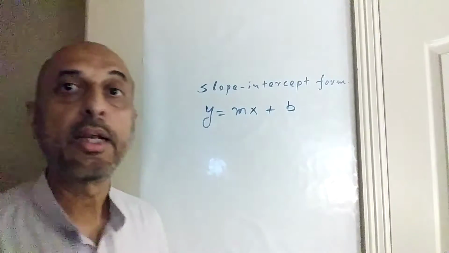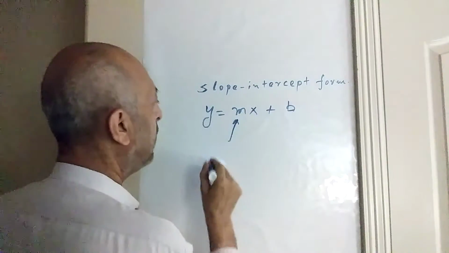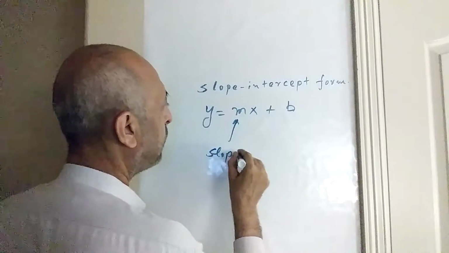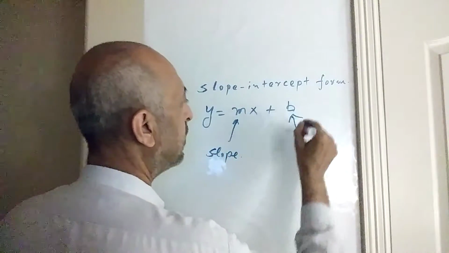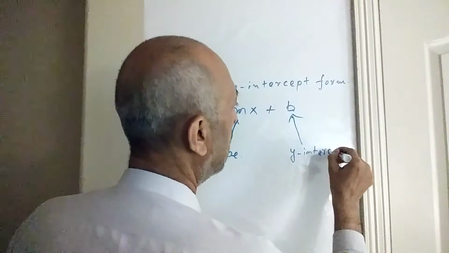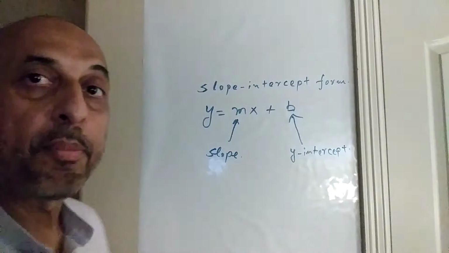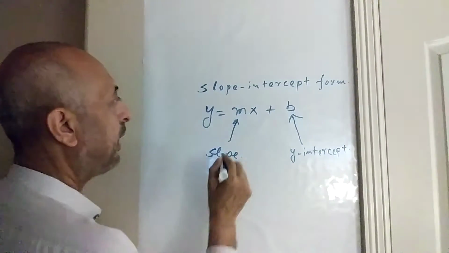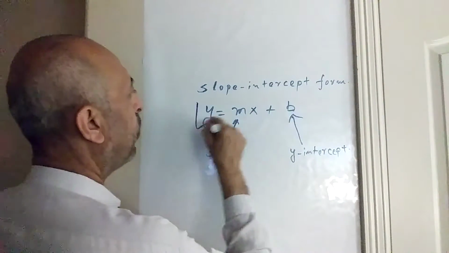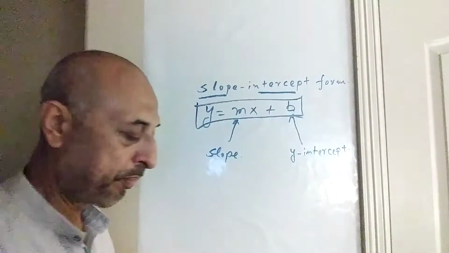The reason we call that the slope-intercept form is because m is the slope and b is the y-intercept. So we take the word intercept from the y-intercept and we combine them together and we call this form of the equation the slope-intercept form.